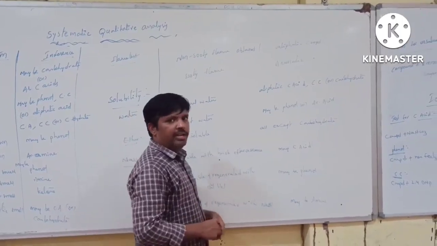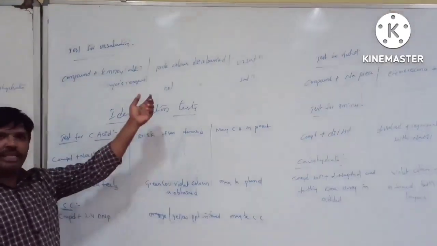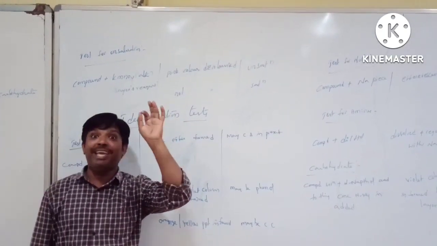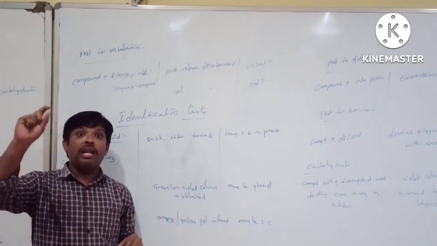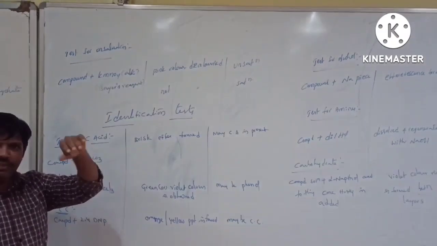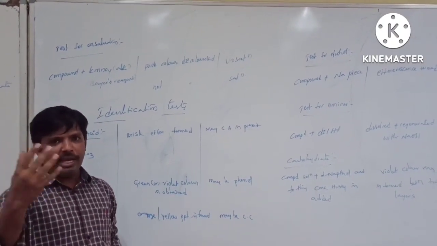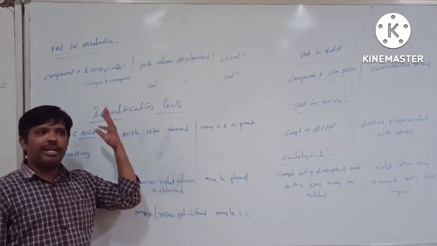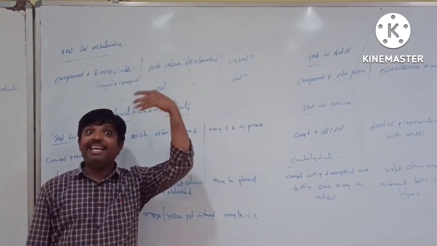Then we go for unsaturation. Compound plus alkaline KMnO4. Alkaline KMnO4 is also called Bayer's reagent. That is also a viva question: what is Bayer's reagent? Alkaline potassium permanganate is called Bayer's reagent. We know that potassium permanganate is pink in color. When the compound is added to the potassium permanganate, if the pink color disappears, that means it is decolorized.